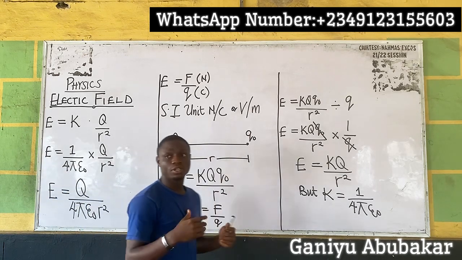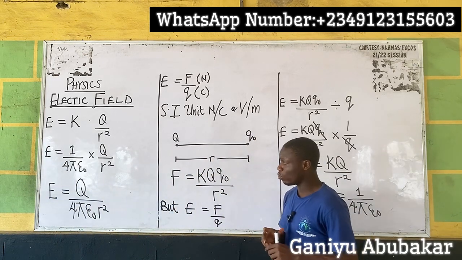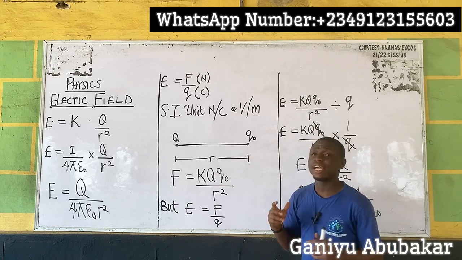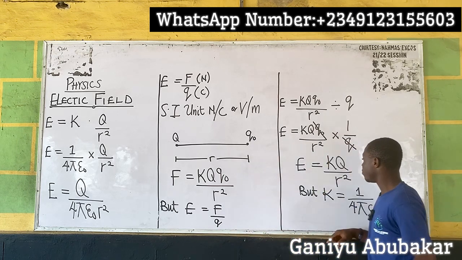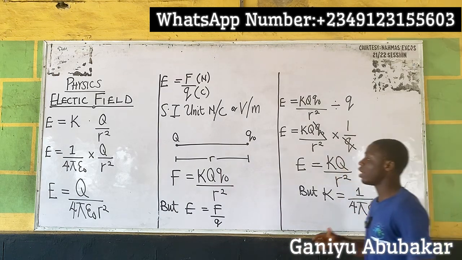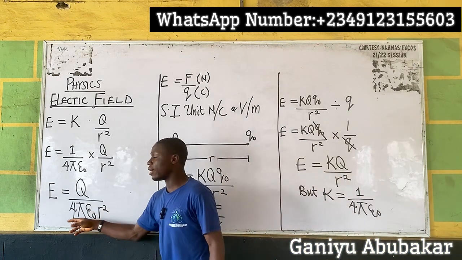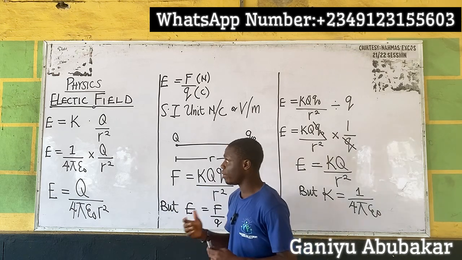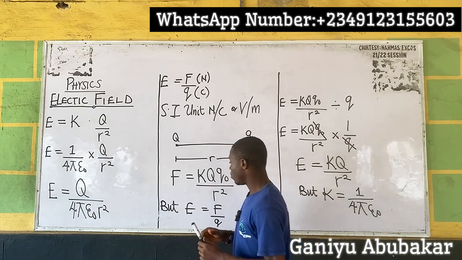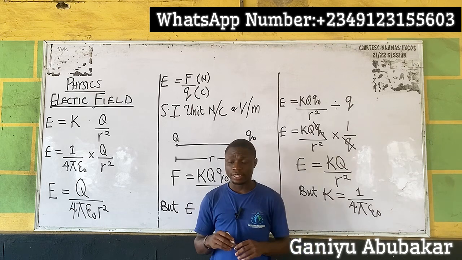So this becomes the several mathematical expressions for electric field intensity, ranging from F over Q, and we have KQ over R squared, and also we have Q over 4 pi epsilon naught R squared. It becomes several formulas for calculating electric field intensity.